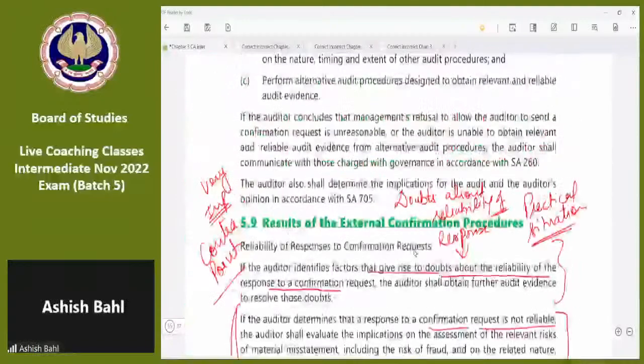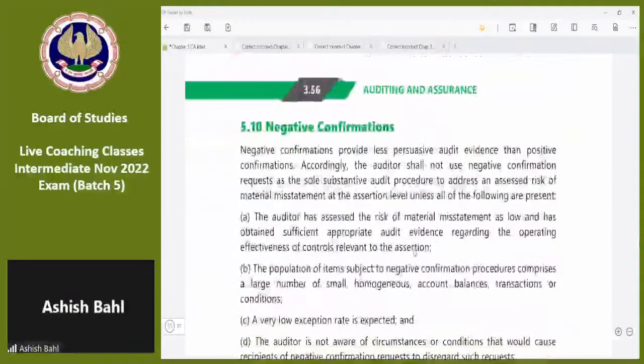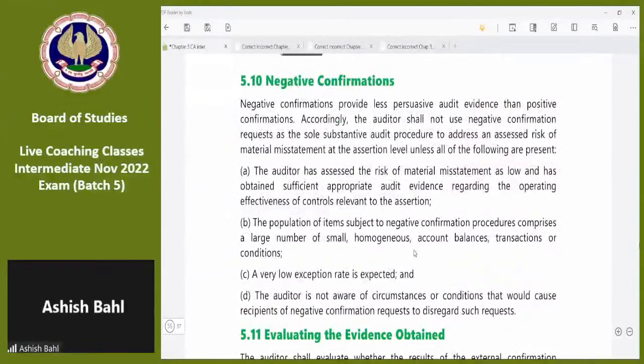Okay, is that clear? Clear, students? Now we shall go to negative confirmations. We had discussed negative confirmations in the beginning of SA 505.